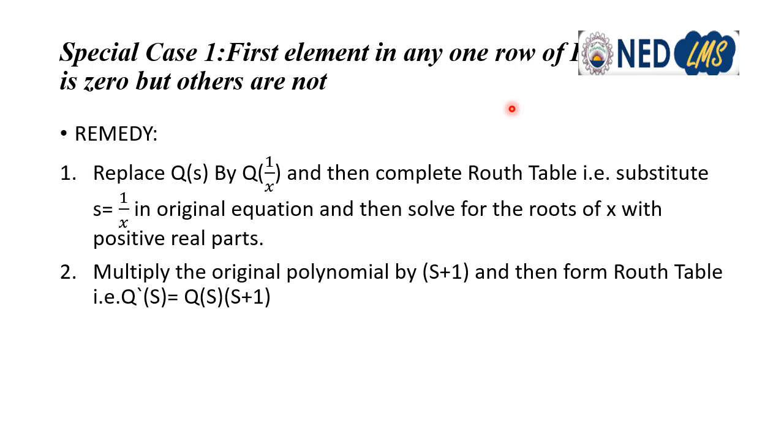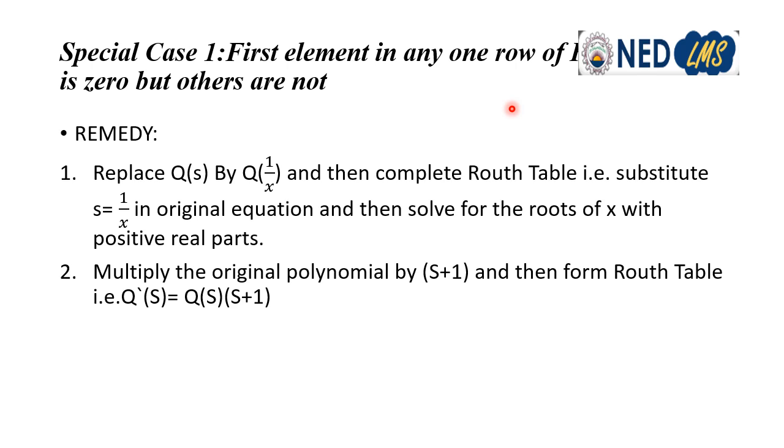I think up till now we have seen that we always divide every element while computing the Routh table by the first element of the first column of the Routh table.